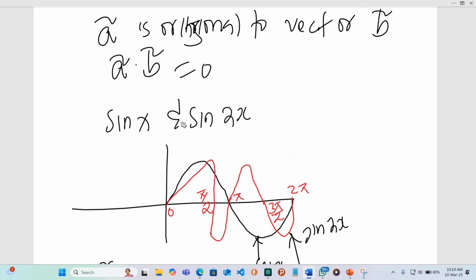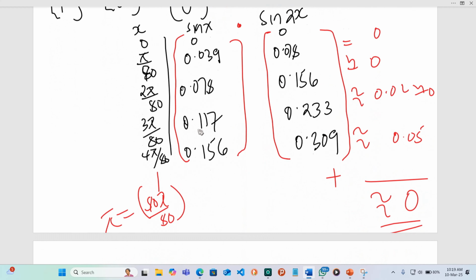So this is how you can check the orthogonality of these functions.